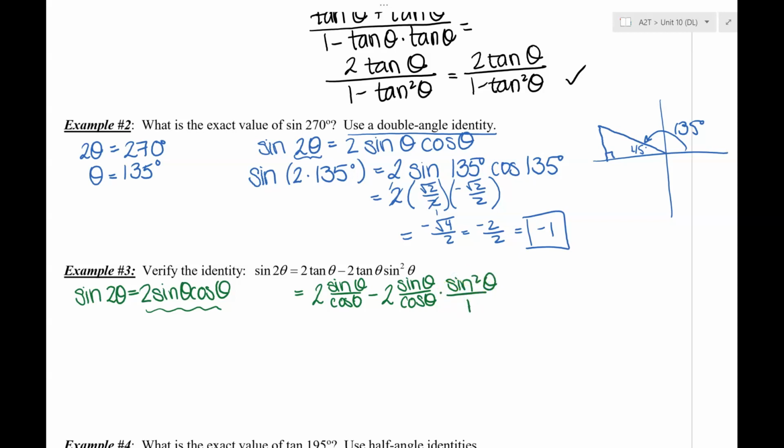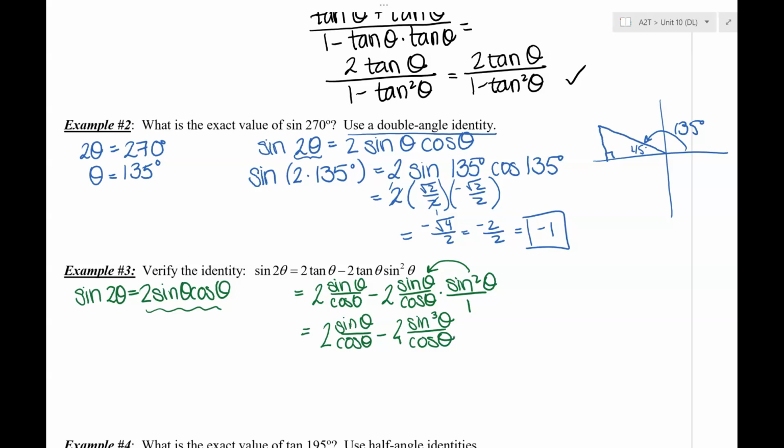If I change everything to sine and cosine, I might be able to pull something out of this. And let's see where we can go from here. Okay, so if I multiply this, we end up with 2 sine theta over cosine theta minus 2 sine cubed theta over cosine theta.